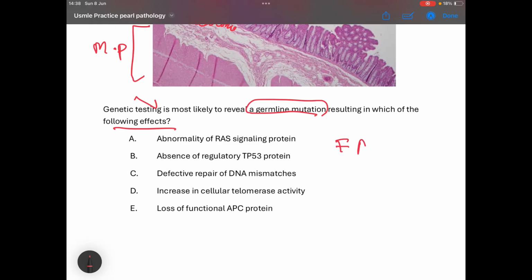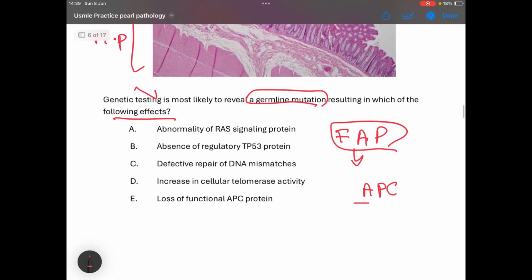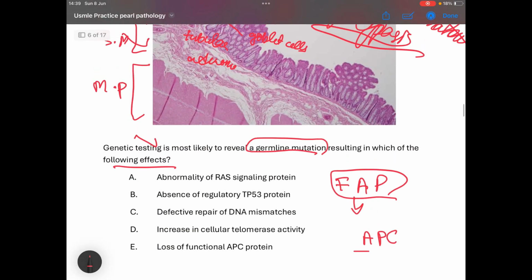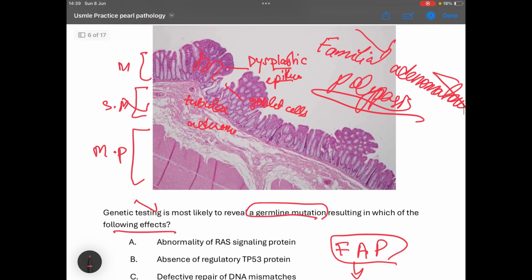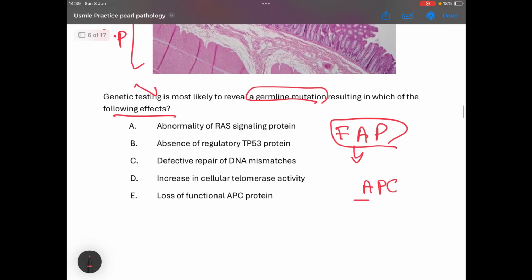In FAP, the disease most commonly happens due to the APC gene, whose full form is adenomatous polyposis coli. In that gene there is a loss of function, and loss of function of this gene causes familial adenomatous polyposis. So the right answer is loss of function of APC protein.